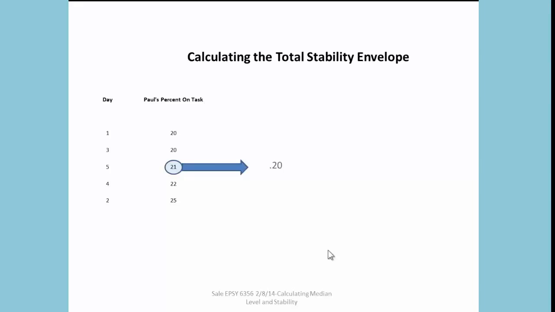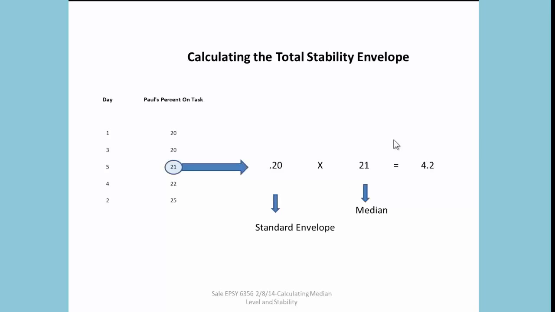taking the median and multiplying it by the standard envelope of 0.20. That represents 20%. So there's our median there. So 0.20 times 21 ends up giving us 4.2.